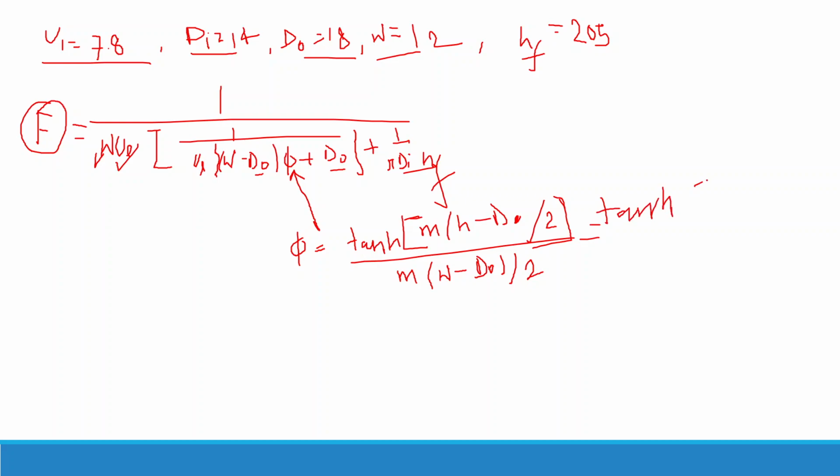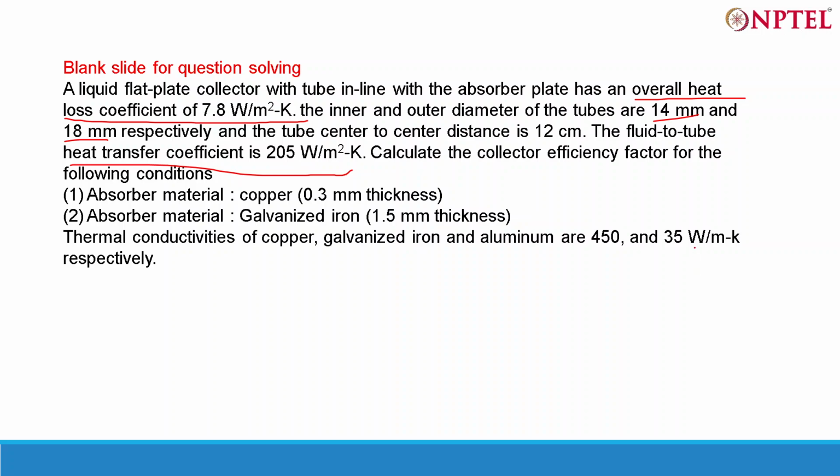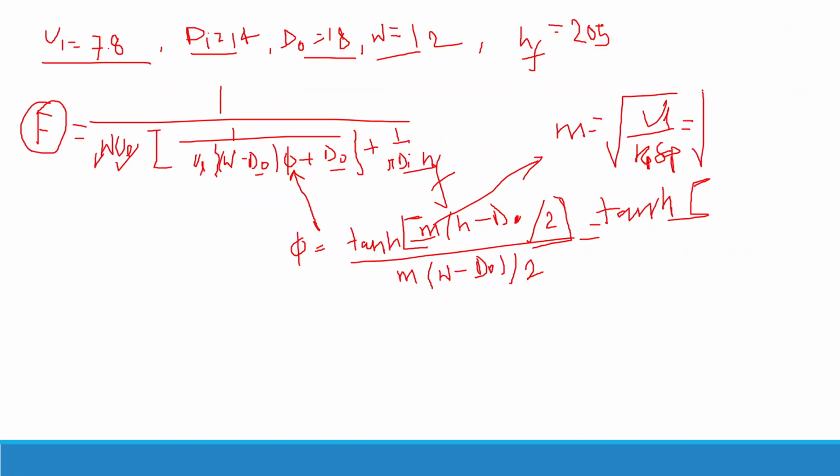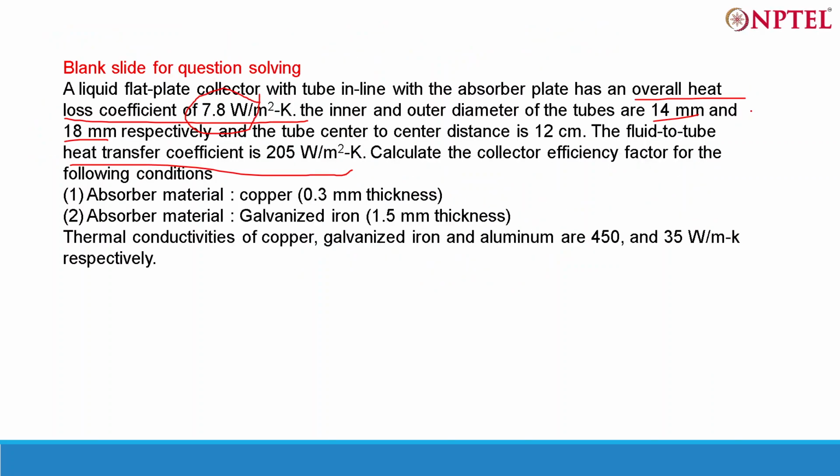Tan hyperbolic. How much is the m? For m you need to evaluate it. m equals the square root of overall loss coefficient upon Kp into thickness of plate, where Kp is the thermal conductivity of the plate. How much is the thermal conductivity of the plate given? It is given as 450.